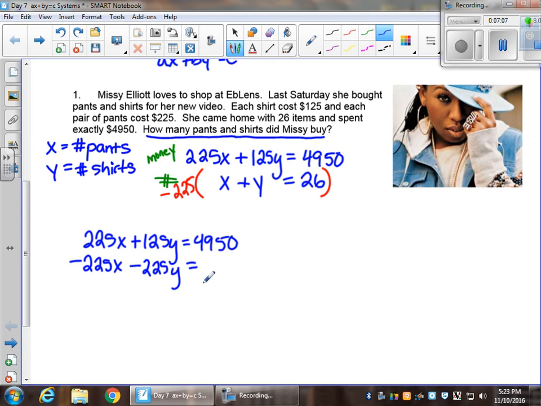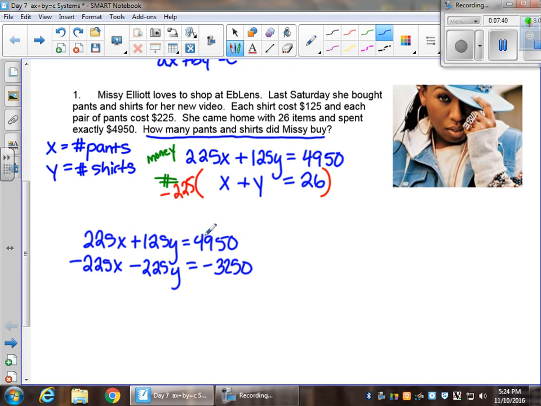We're going to be using it a lot. Negative 225 times 26 equals, negative 5,850. Is that what you got? Hopefully.